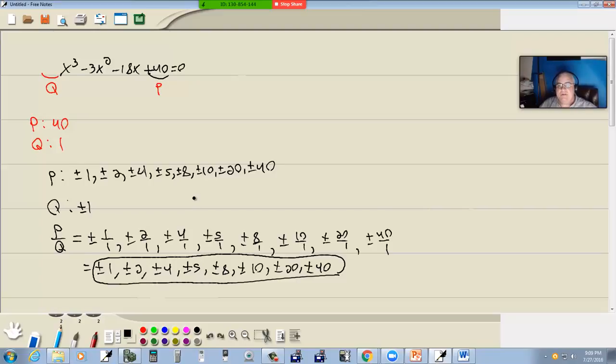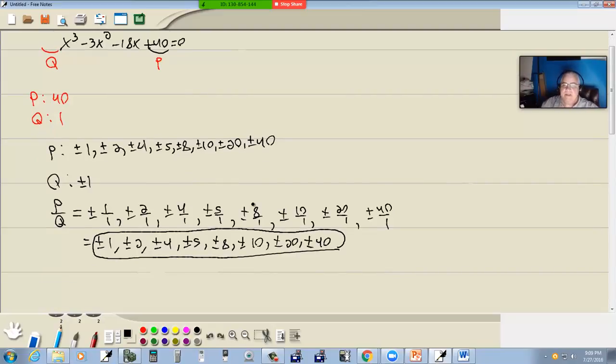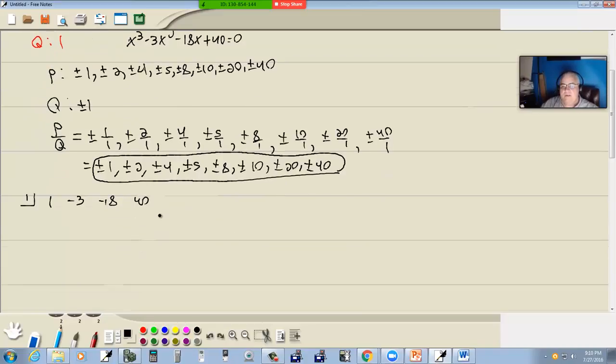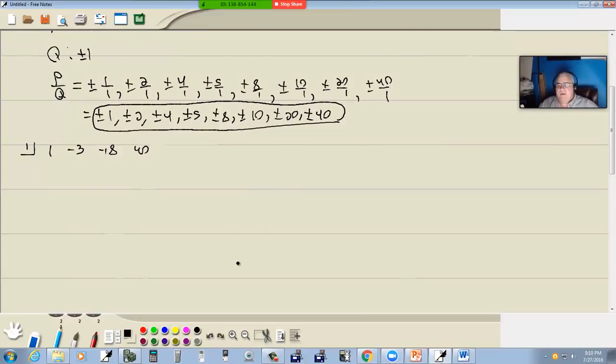Okay, now that we have those, if I were to find these by hand, we have x to the third minus 3x squared minus 18x plus 40 equal to 0. What we do is we start with our first possible answer, and we're going to plug it in synthetic division. So we'll add, multiply, add, multiply, add, multiply, add.